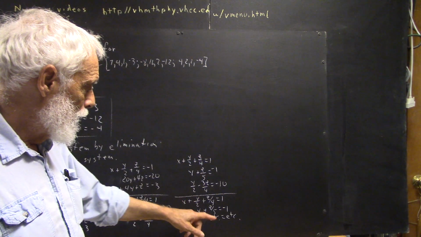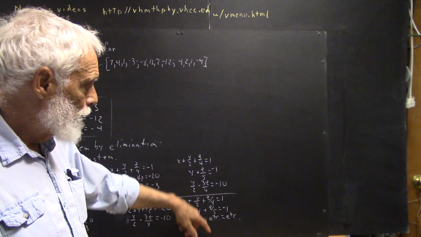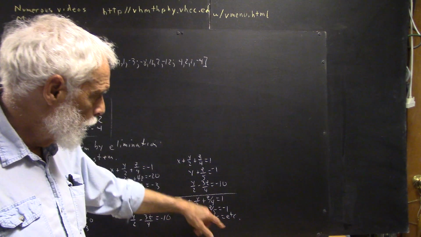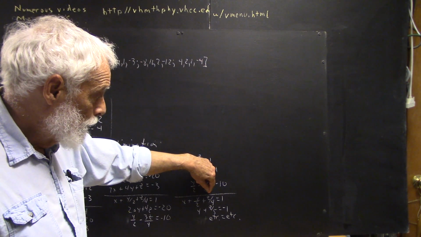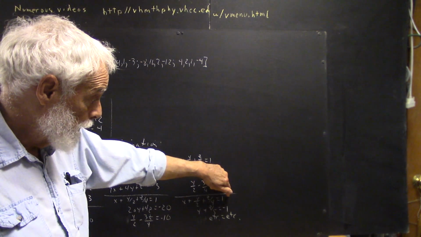And then I can take that value of z, I can take that equation and add 1/4 of it to this one, and now I've eliminated my z term up here, and I'll just have x equals something.